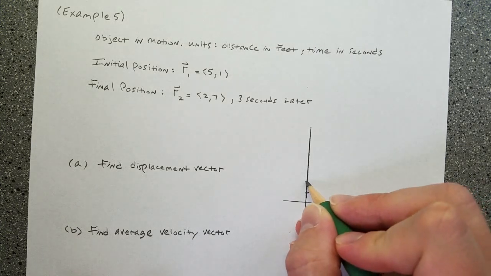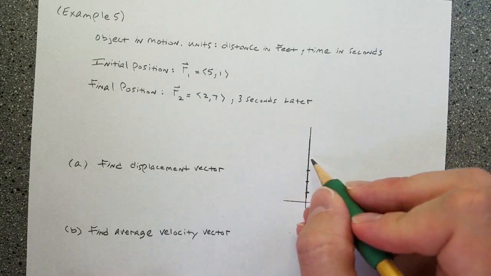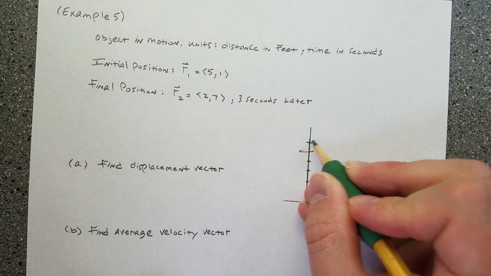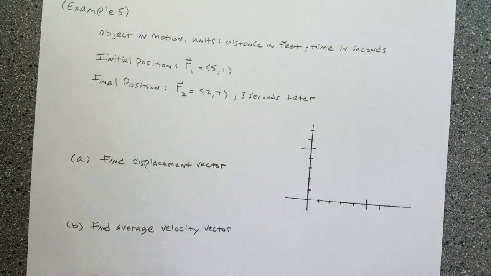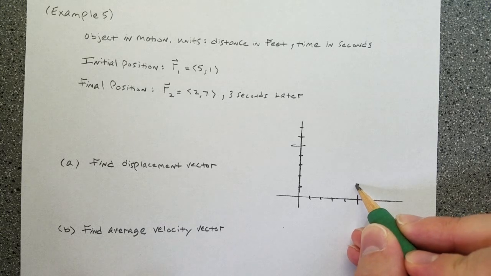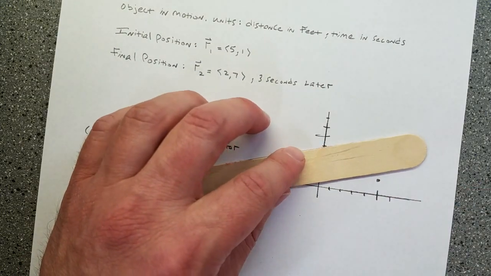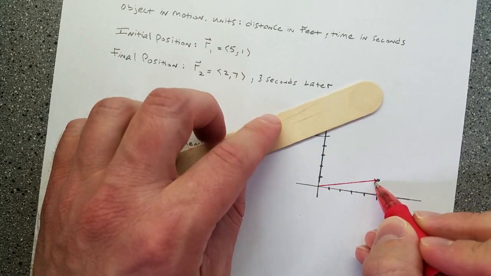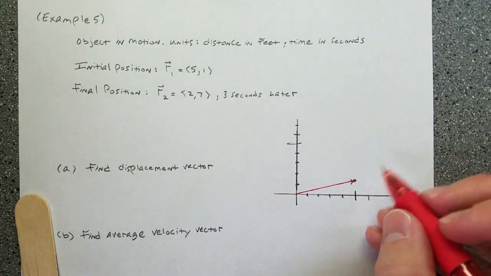So I'm going to draw this out and write some equations. Let's say you start at (5, 1). That's going to put you here. I'm going to put the vectors in red because I want to make sure that concept stands out to you.